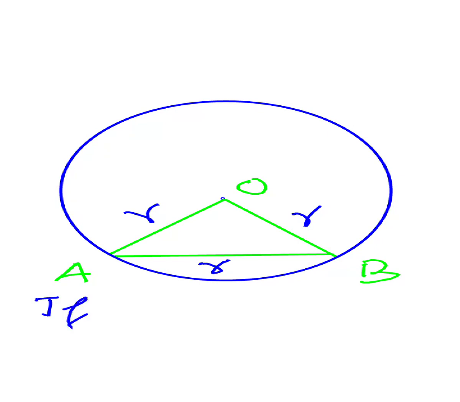If OA is equal to AB is equal to, in some cases, OB, then what will this become?